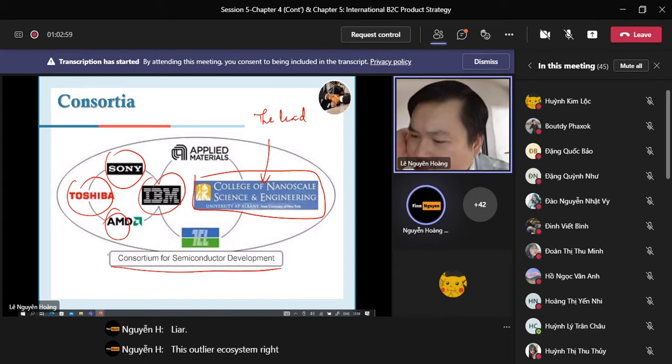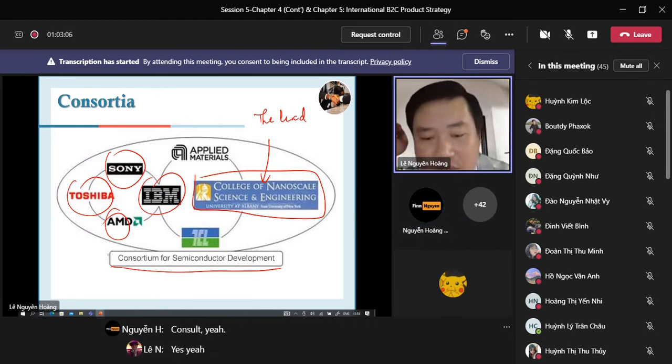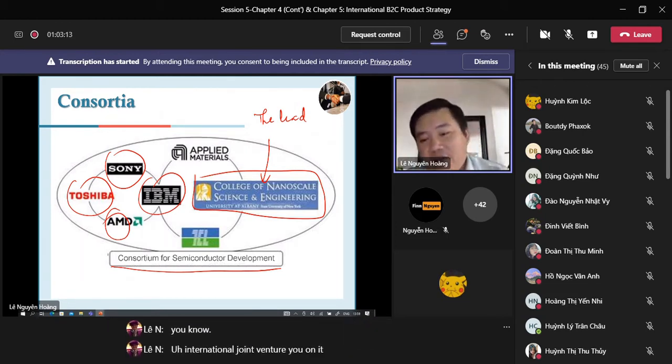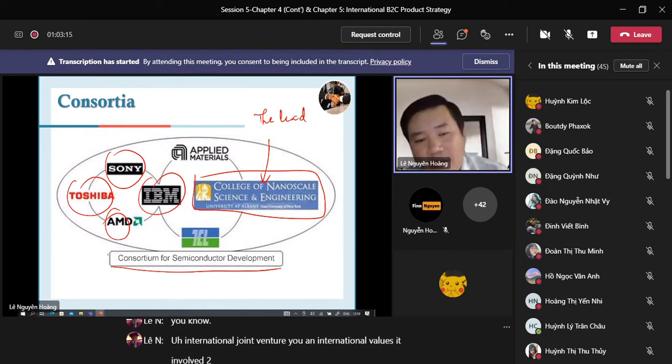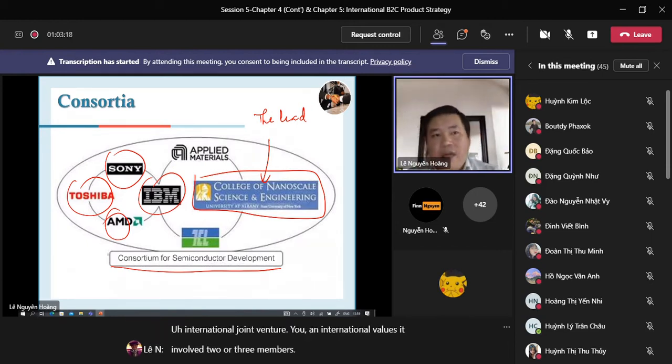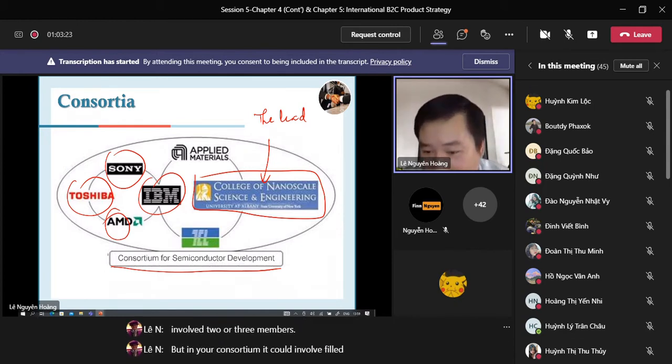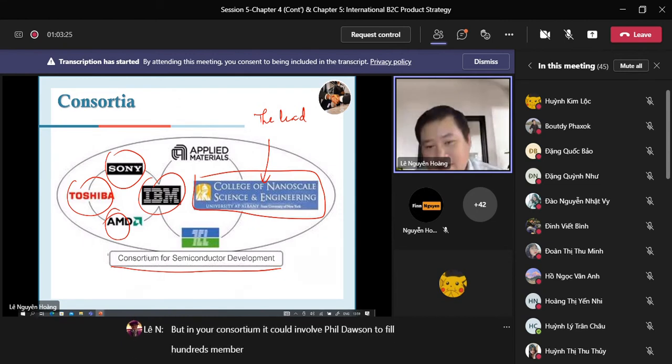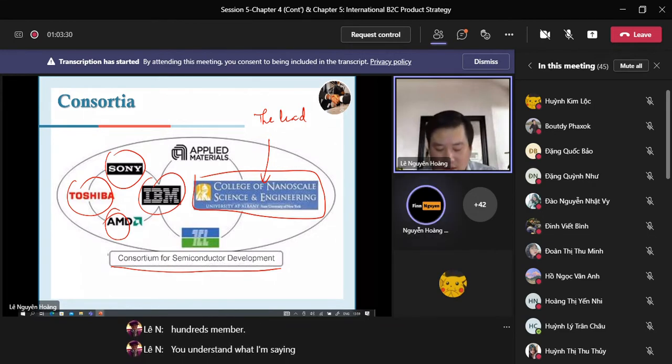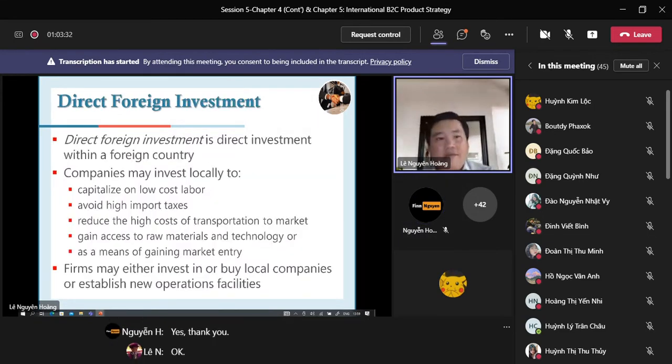Bigger than an international joint venture. Yes, a consortium is much bigger than an international joint venture. An international joint venture usually involves two or three members, but a consortium could involve a few dozen to a few hundred members. Do you understand what I'm saying? Yes. Okay, now move on.